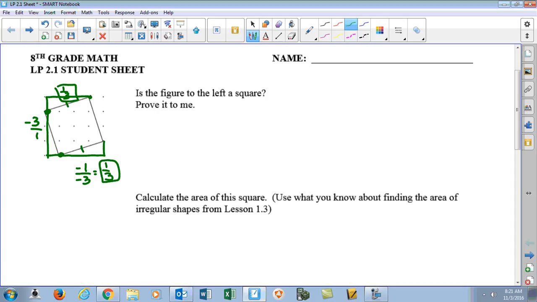If I go up 3 and left 1, that's 3 over -1, which is still the same thing, right? So these are the same slope, which means that they're parallel, but they're also the same length. And because this slope here is the negative reciprocal of that slope, that means all 4 sides are the same length. So that's how I can tell you that all 4 sides are the same length.